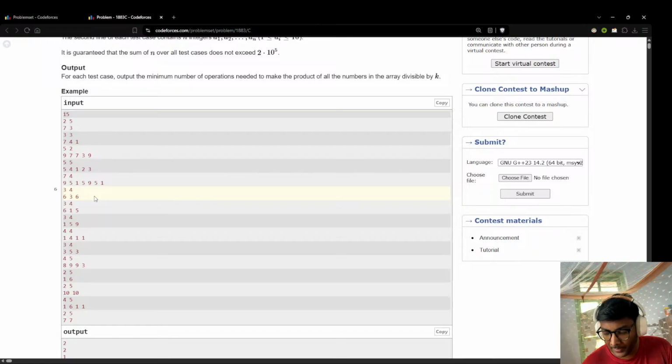But if I make a 5 into a 6, then that only contributes one 2. But if I make 3 into a 4, that contributes two 2s.